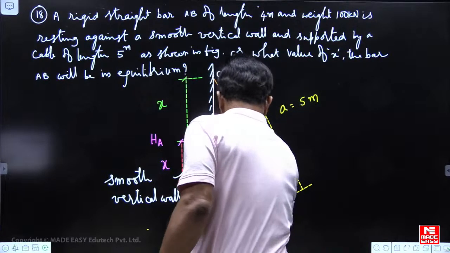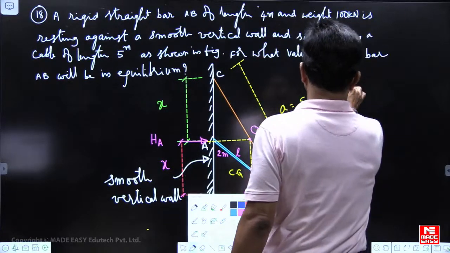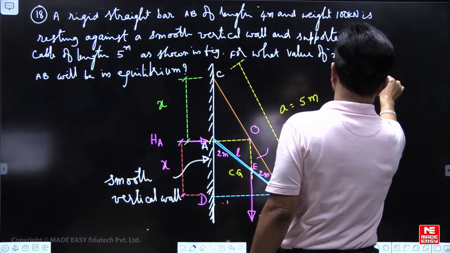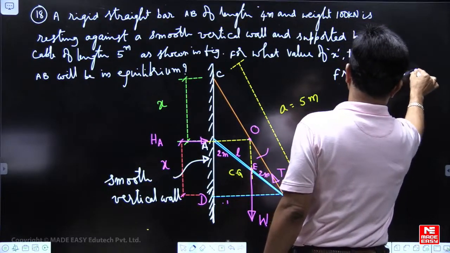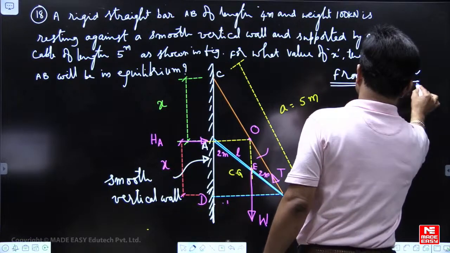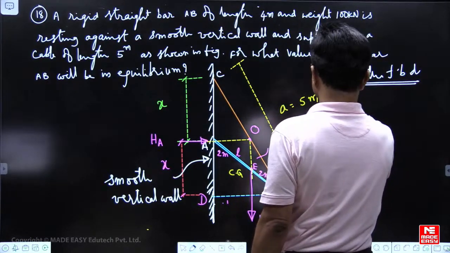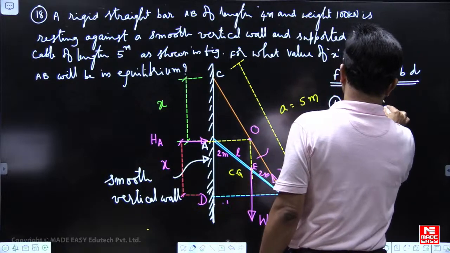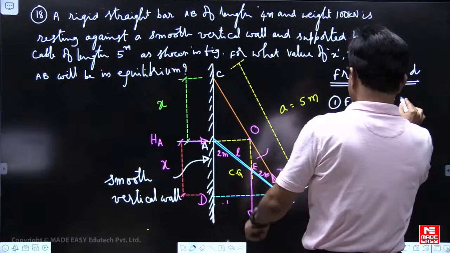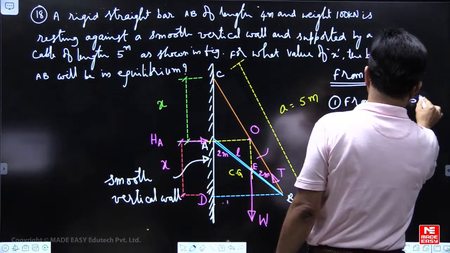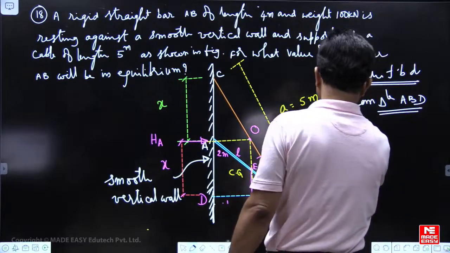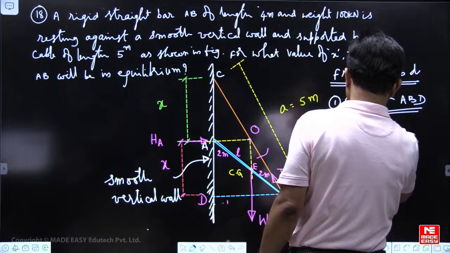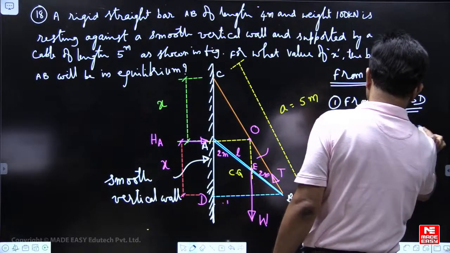So from the free body diagram, first one is from triangle ABD. BD square is equal to, I can write L square minus X square.